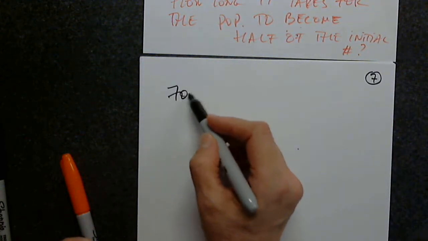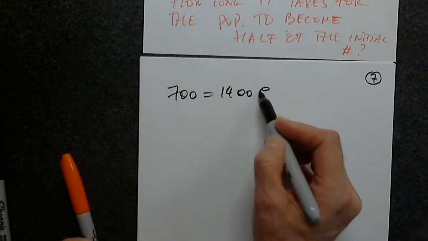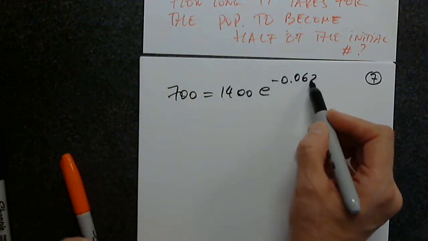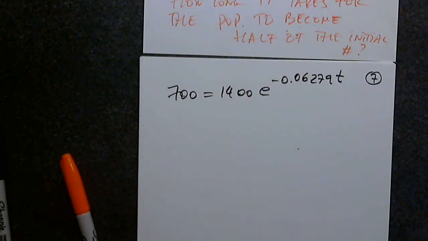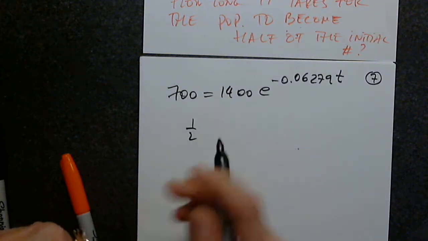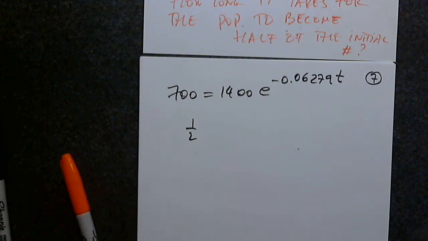So 700 equals 1400 e to negative 0.06279 t. We started with 1400. We want to know how long it takes for the population to halve. I don't really need to divide by 1400 because 700 over 1400 must be 1/2.